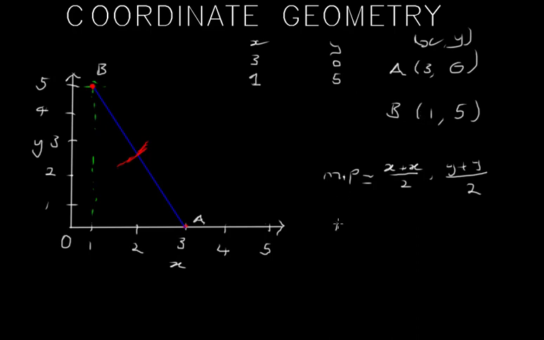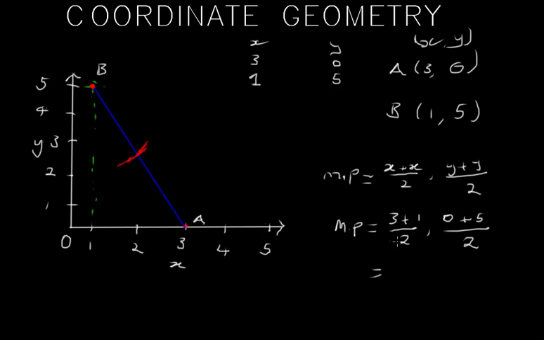So our midpoint is therefore equal to our x values, 3 plus 1, over 2, comma, our y values, 0 plus 5, divided by 2.